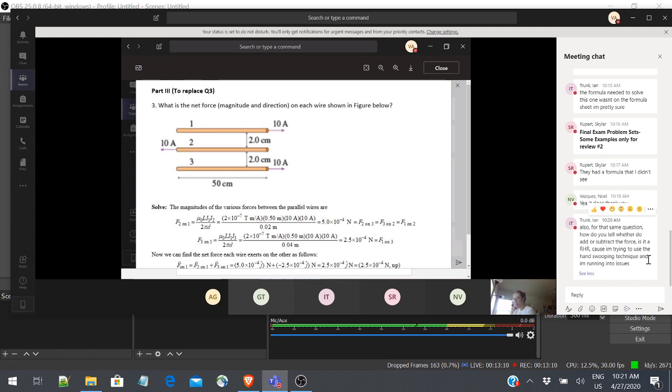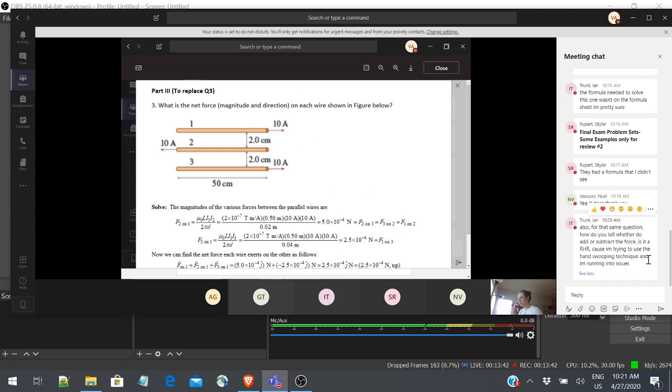You think about each one by itself. Wire 2 has a current going to the left, so the hand wraps around and it has a magnetic field going into the page at the location of wire 1. Wire 2 is below wire 1, so at the location of wire 1, the field is into the page.